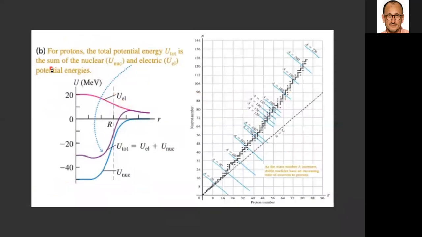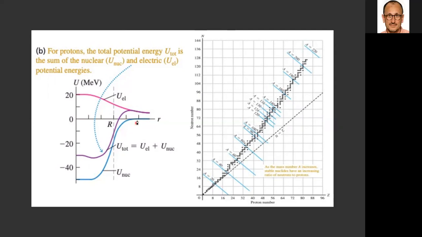Now, for protons, the potential should be a bit different, because you have to also include the electromagnetic repulsion, and this is here in this color. So the total potential for the protons will be the nuclear potential, the same one as felt by the neutrons, and you have to correct that by the electromagnetic interaction that shifts this curve a bit up.